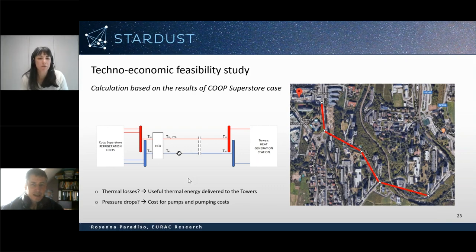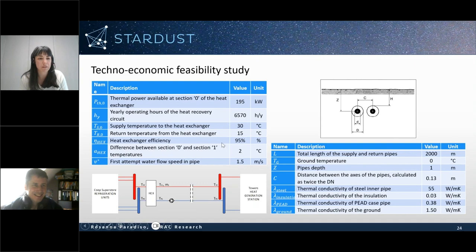Yeah, maybe I was too fast in this point. You can see here the layout of the system, and this is the hot collector where the water from the condenser of the refrigeration units is collected before going to the heat exchanger.